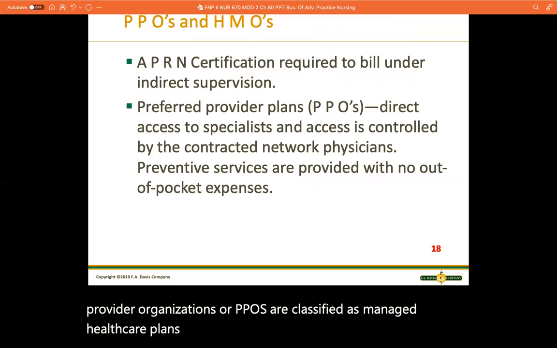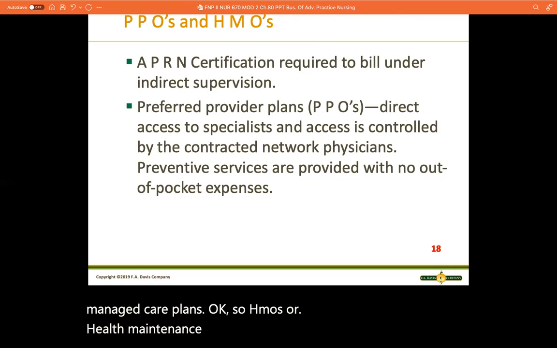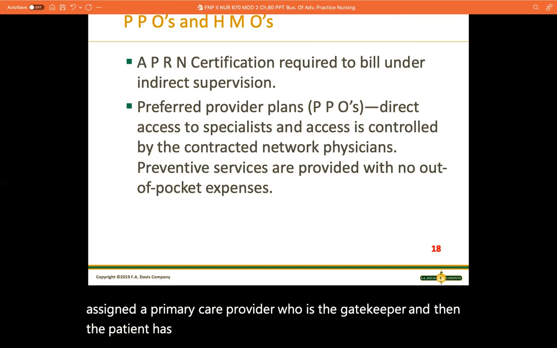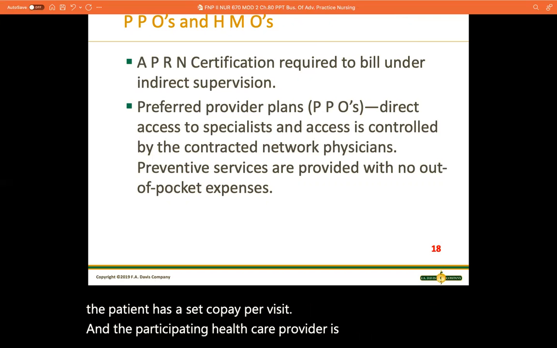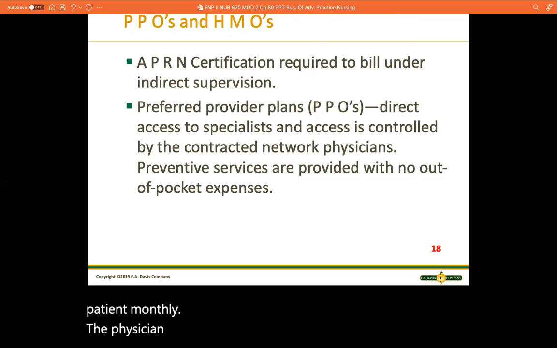Those are our managed care plans. So with HMOs, patients are assigned a primary care provider who is the gatekeeper, and then the patient has a set copay per visit, and the participating healthcare provider is paid a set fee per patient monthly. The physician receives a monthly check from the HMO.